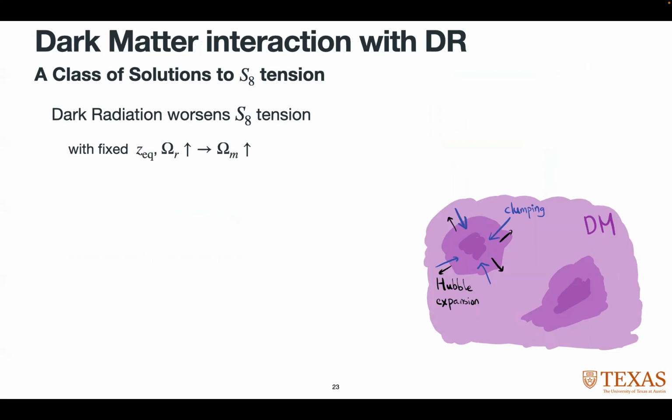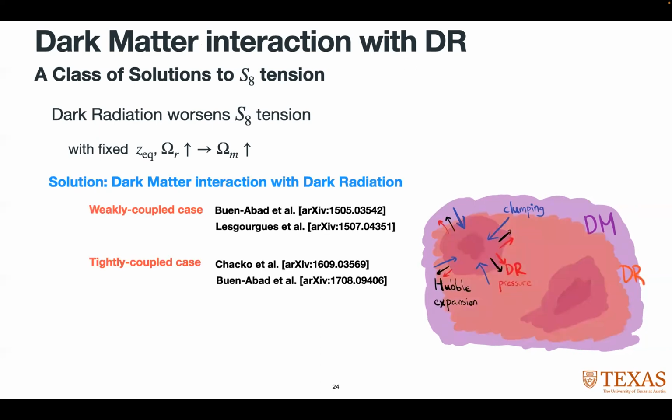So to solve the situation where dark matter is clustering by itself when there is only cold matter, we impose a dark matter interaction with dark radiation.